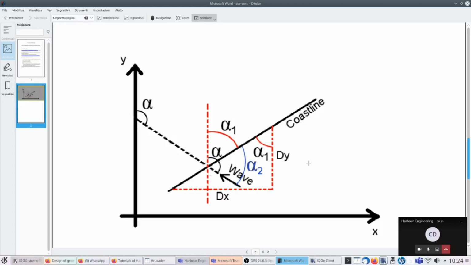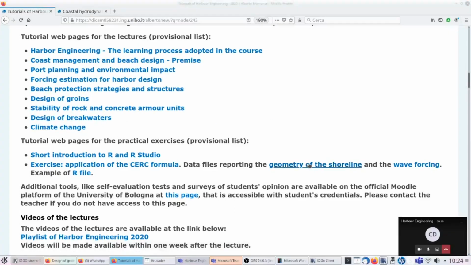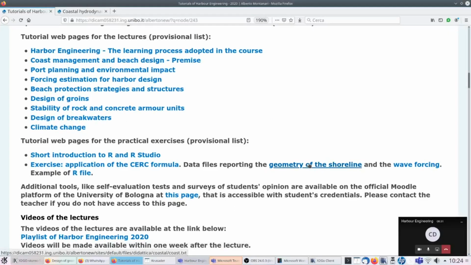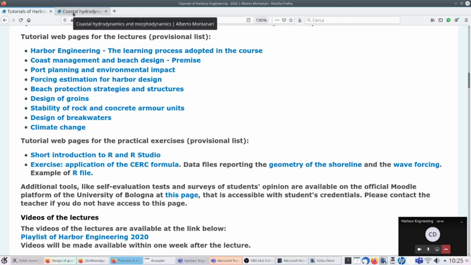Now, let me go back to the website. This code that we have to write is an application of the CERC formula. First of all, let me show you where the theory is explained, because the theory was explained in coastal engineering in a dedicated web page.